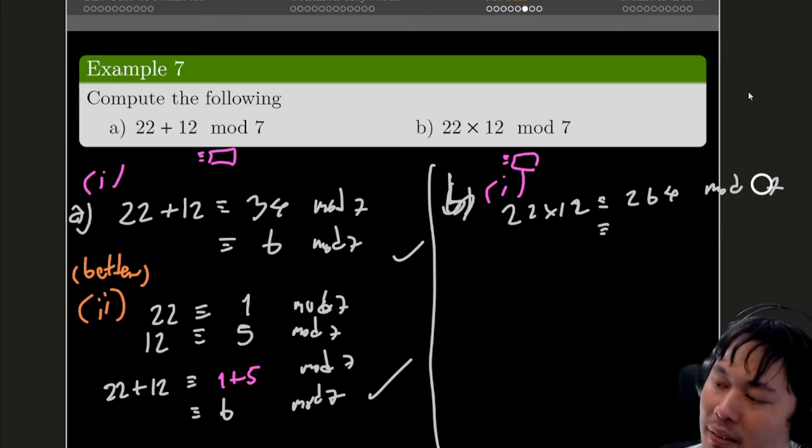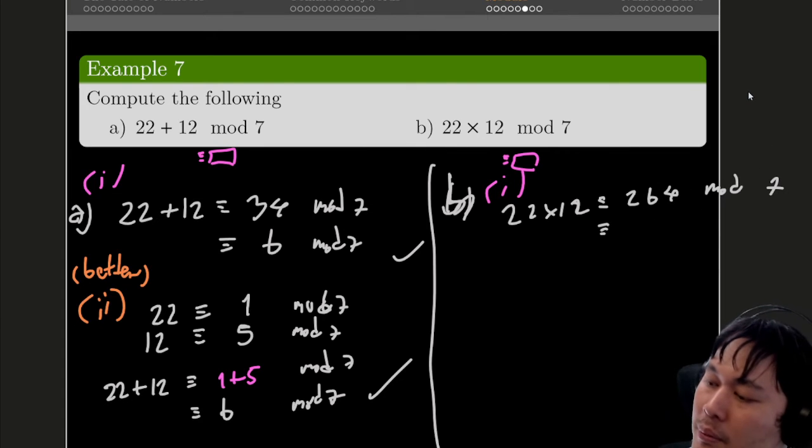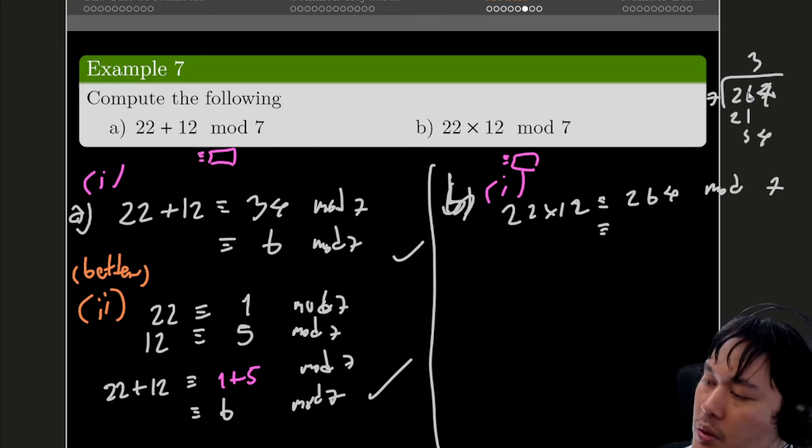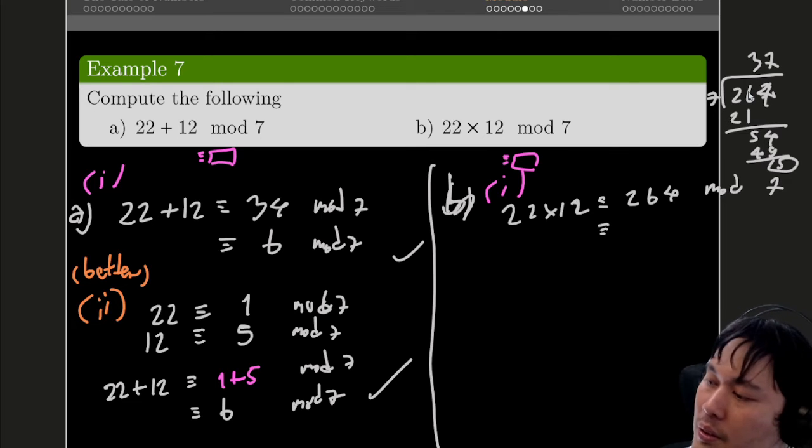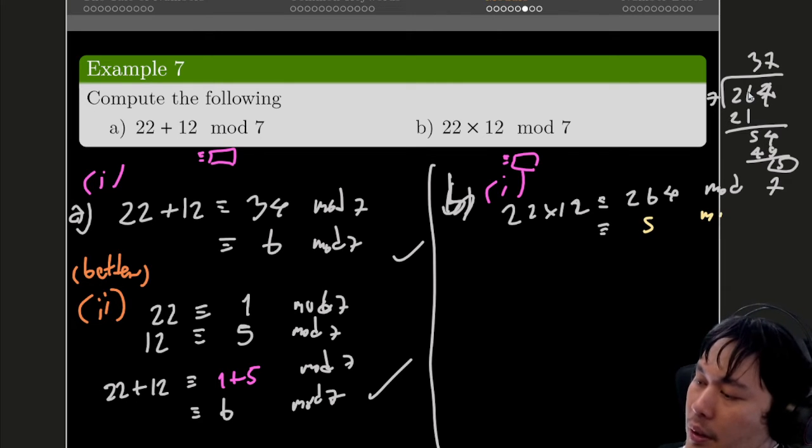To do the math, if you divide it by 7, you get 26, 7, 21, 54, 7, 49, 5. Let me slow down a little bit. 54, 7 is 49, and 5 is the remainder, so 5 mod 7.